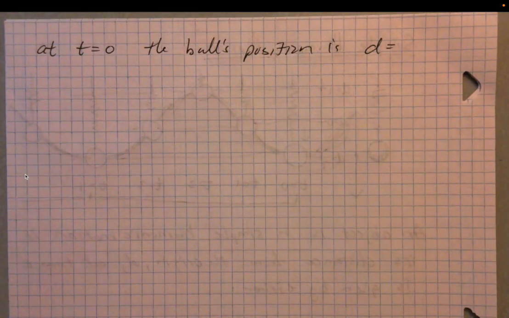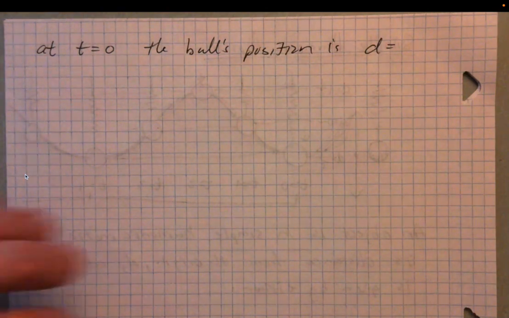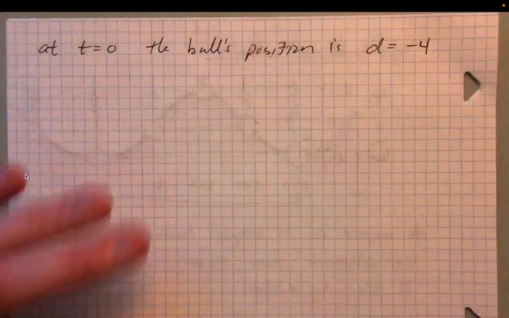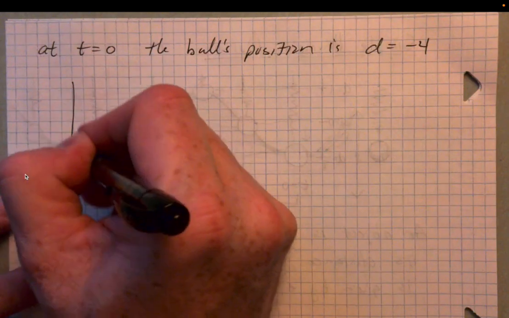But remember how we phrased it: the ball on a spring is pulled 4 inches below its resting position. So at time t equals 0, d is equal to -4. Just make sure we're clear on that.